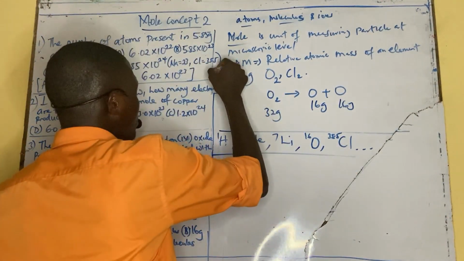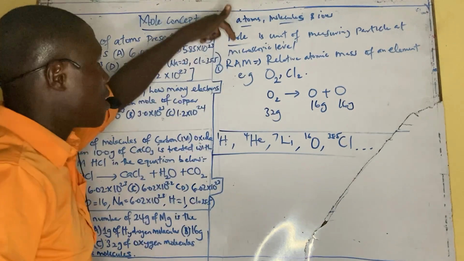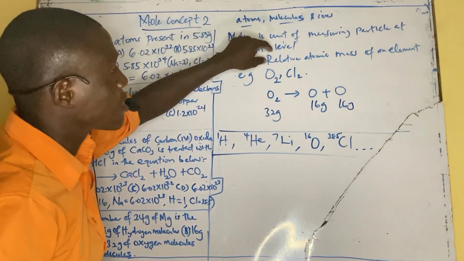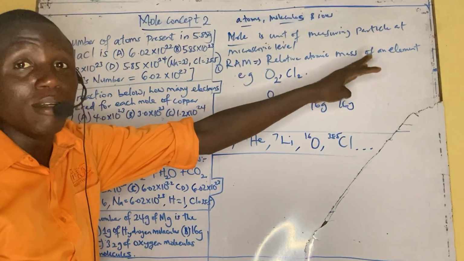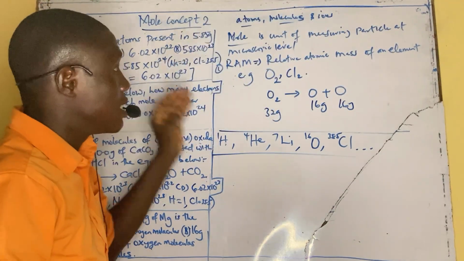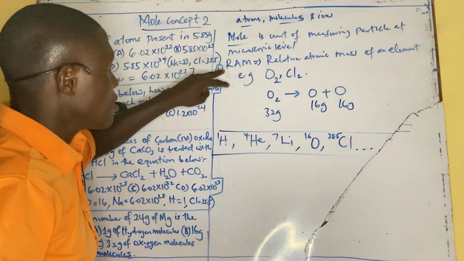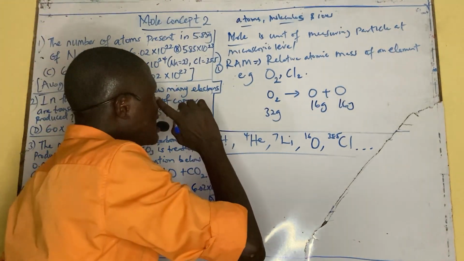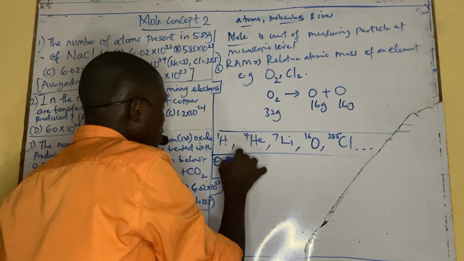Another concept that we need to know for us to be able to calculate the mole of a substance. We need to know the relative atomic mass of that element contained in that substance. Now, number 2, we have to know the relative molecular mass.